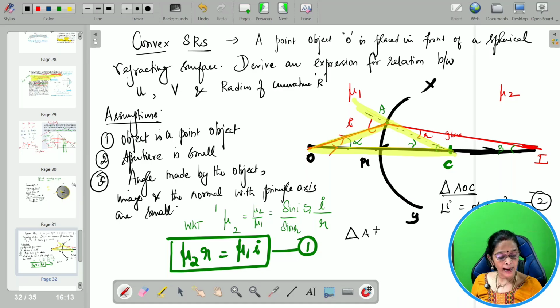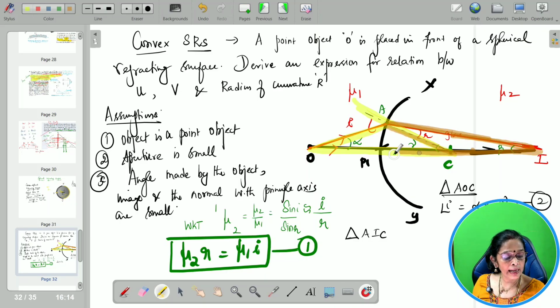Similarly, take the triangle AIC. After taking this triangle AIC, which is the exterior angle over here? Gamma. So this gamma is the exterior angle.